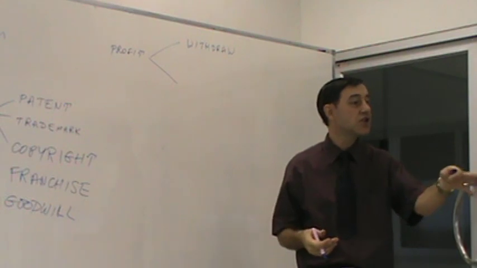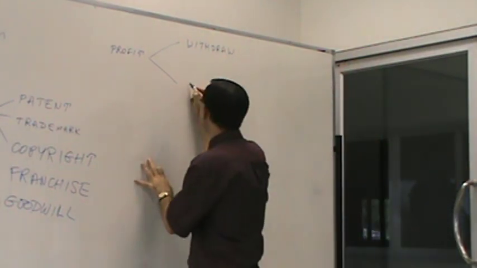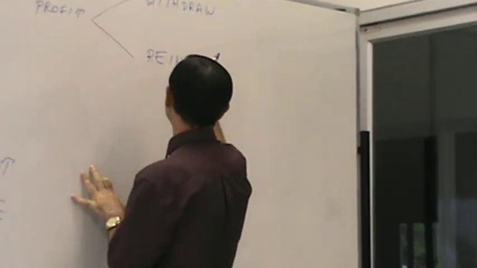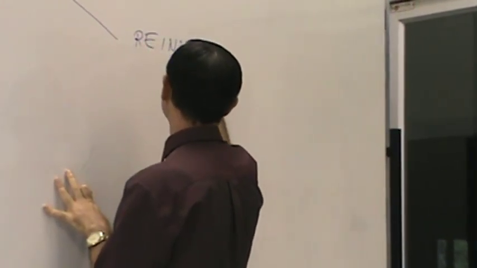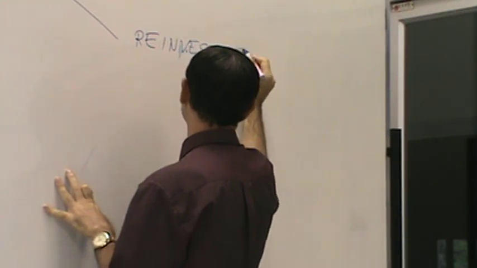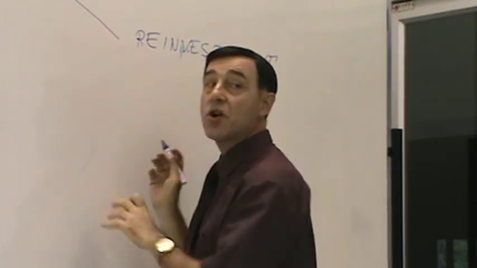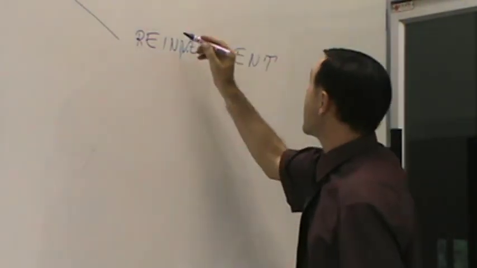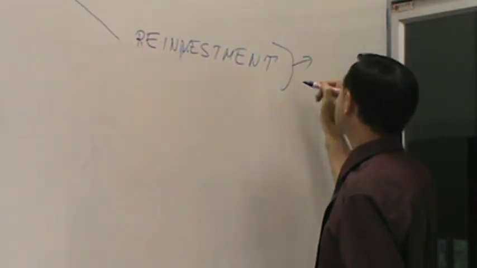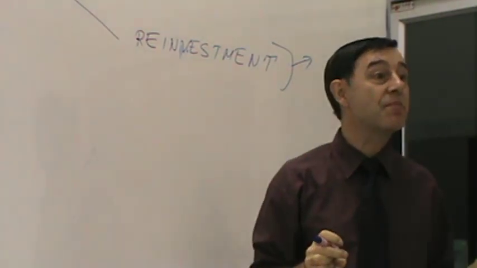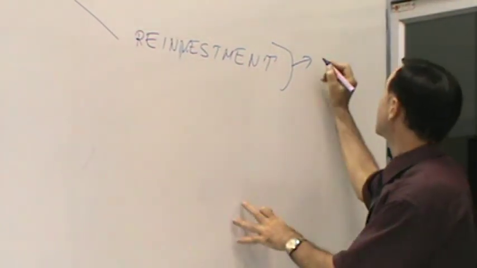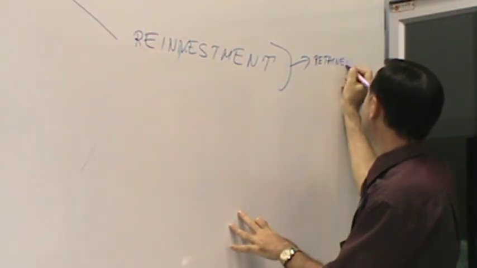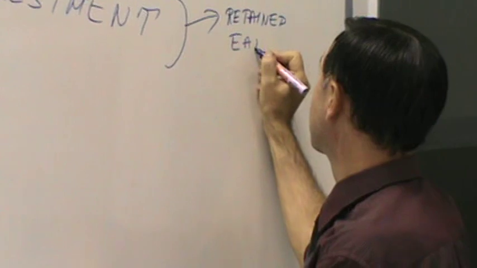reinvestment. So, dictionary translate to reinvest. Is called reinvestment, okay? And this reinvestment is a special type of capital called retained earnings.